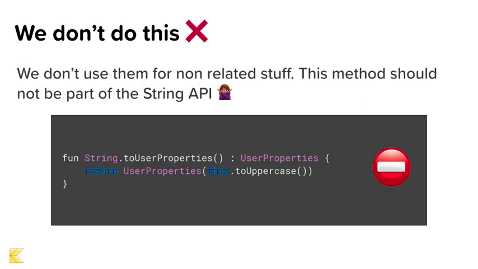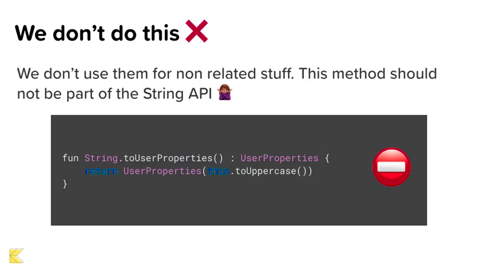So for instance, this is a made-up example, where we're creating an extension function on a string object, okay? And we're saying on the string, we're going to make a method called toUserProperties. Seems okay, like we got a string that we want to maybe translate from JSON or something into user properties. But this is really, really bad because the string API should not be exposing something like toUserProperties, right?